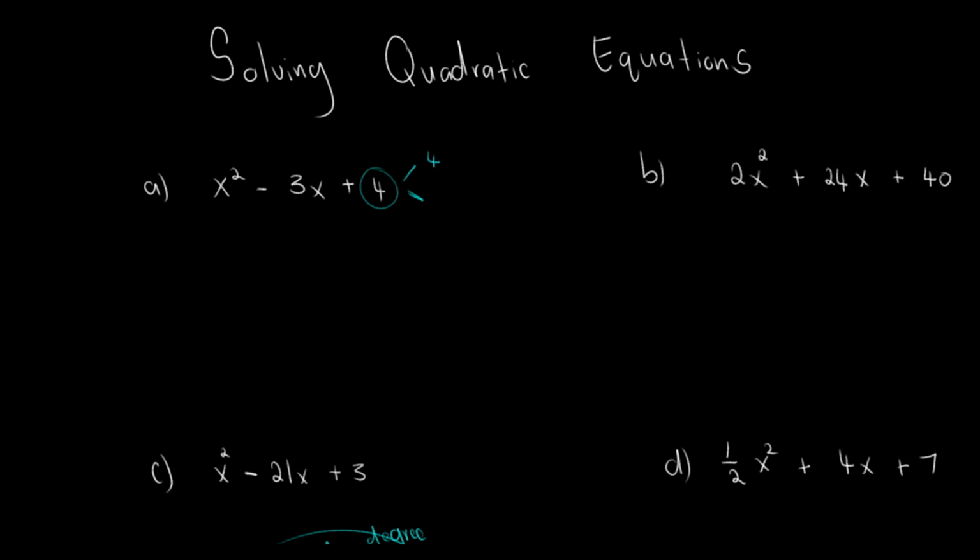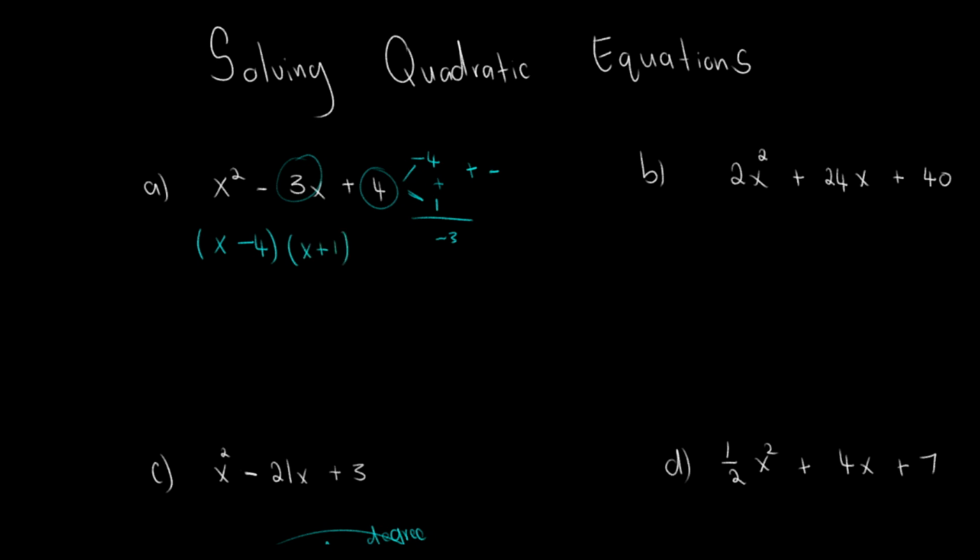So I'm going to say 4 multiplied by 1 gives me 4, right? Now I need to find negative 3 by adding. I can add or subtract these values from each other. So if I say negative 4 plus 1, I get negative 3. All I simply have to do now is write x minus 4, x plus 1.